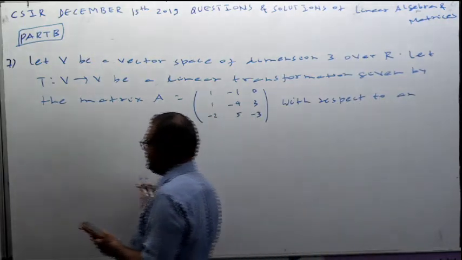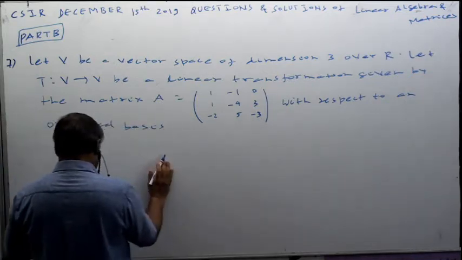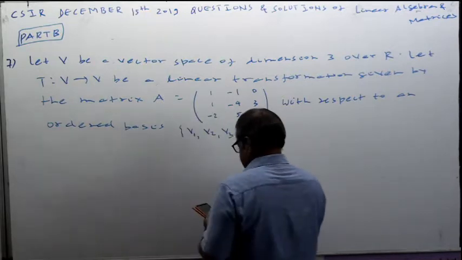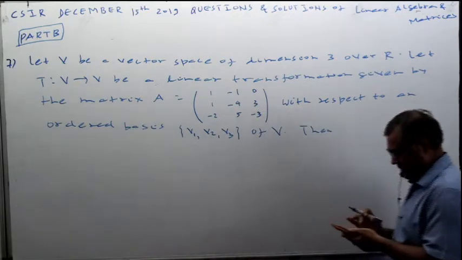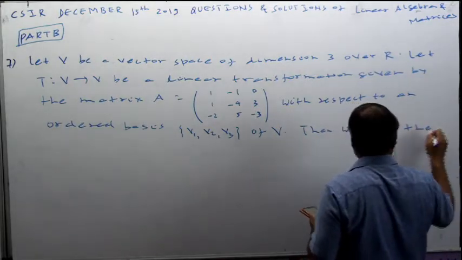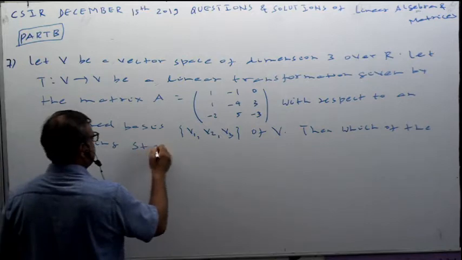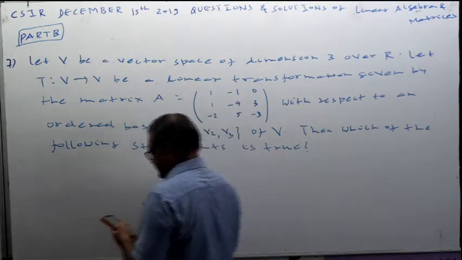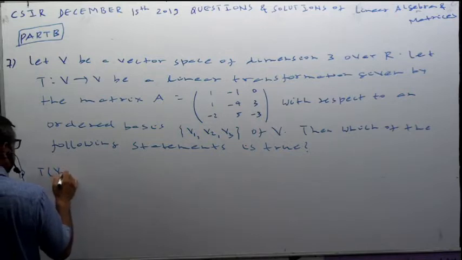Then which of the following statements is true? Number 1, T V3 equals 0.